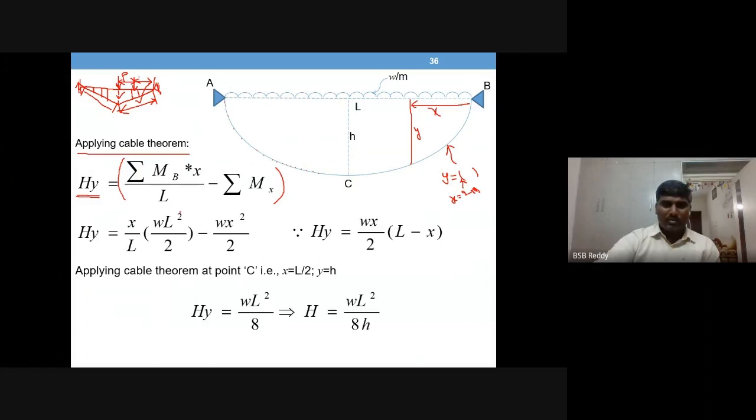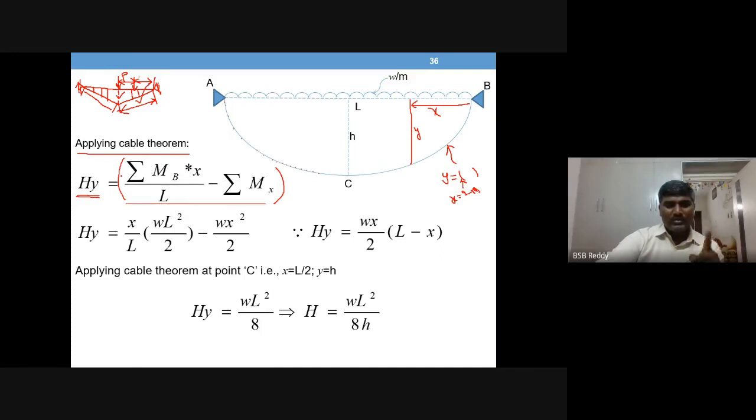I think we have derived this expression to prove the theorem. So sum of all moments about B multiplied by x by L, minus the sum of all moments about the point where you are taking the y value. So this is the right hand side.